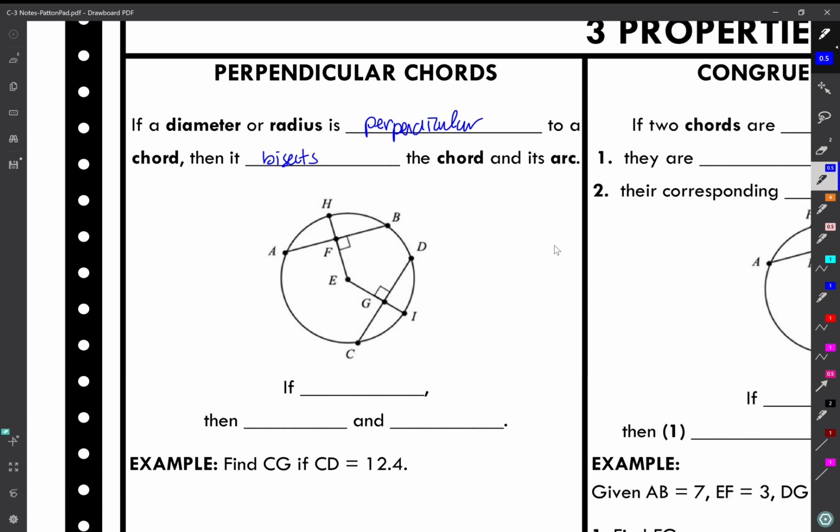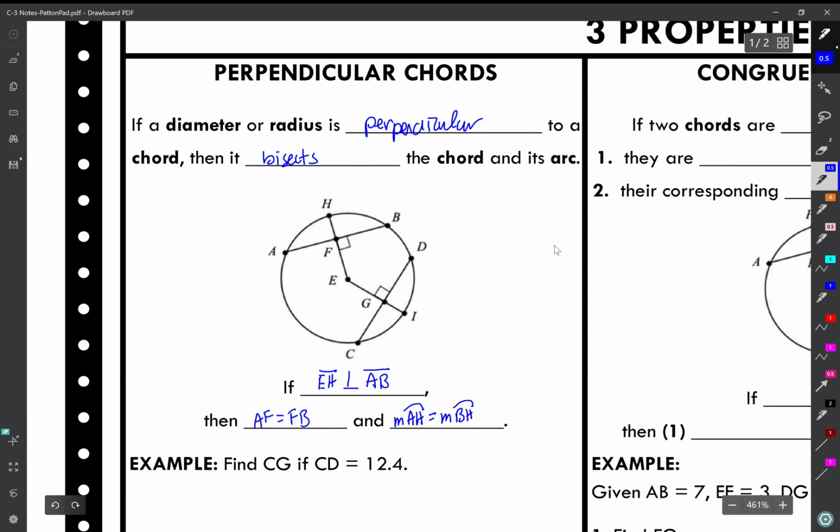Okay, so for our example here, we'll look at the top half right here. We'll say if this radius EH is perpendicular to chord AB, then we know that the chord is being bisected at point F. So we'll say that AF is equal to FB, and we'll say that the measure of arc AH is equal to the measure of arc BH.